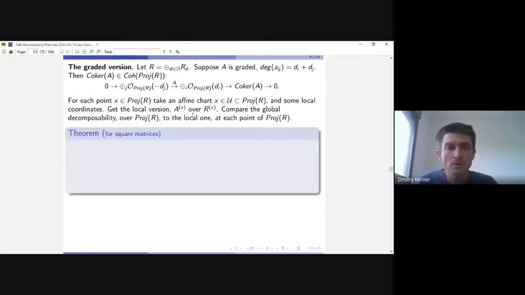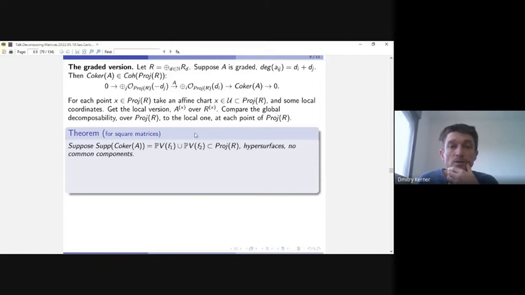So here's the statement. Again, for simplicity, it's for square matrices. Once again, suppose that this sheaf is supported on two components, and they are hypersurfaces, and they intersect properly in the sense that they have no common component. And there's some technical assumption that I will state later. Then the following are equivalent.